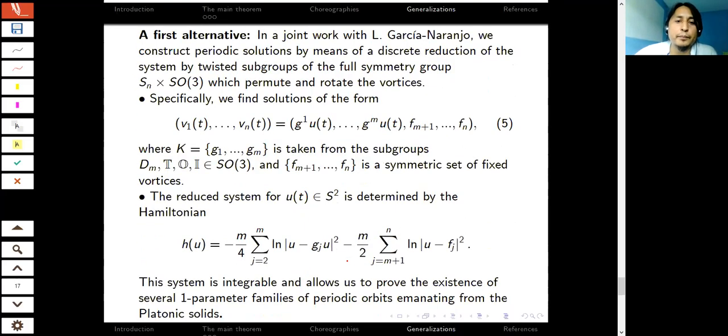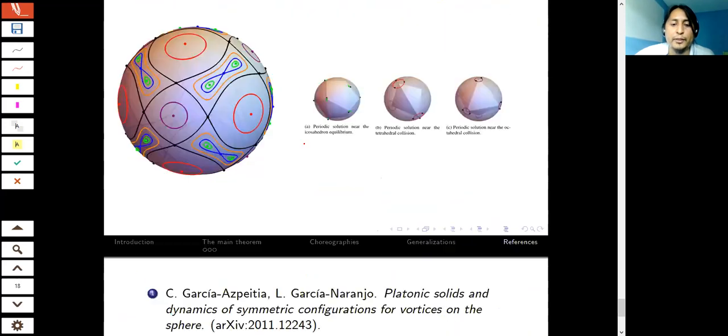So finally, what I did in a joint work with Luis Garcia Naranjo was going around it. We construct periodic solutions by means of discrete reduction of the system to twisted subgroups of the full group of symmetries of permutations and SO(3) rotations. The solutions just look like this, and then I just want to show pictures, right?